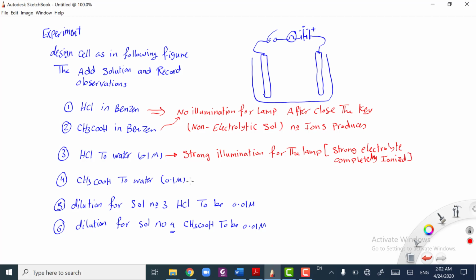For acetic acid in the water, there is weak illumination of the lamp, since it's partially ionized and a small percentage of ions is produced.